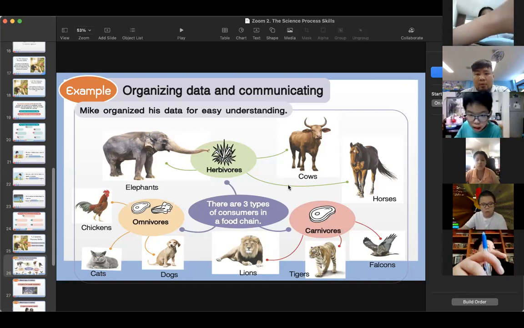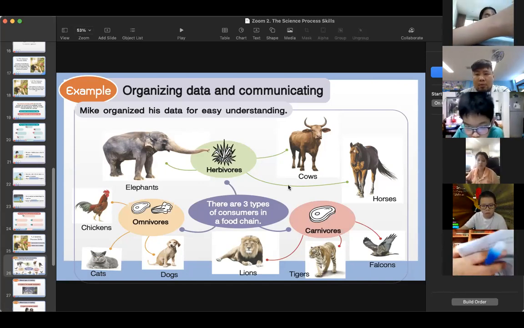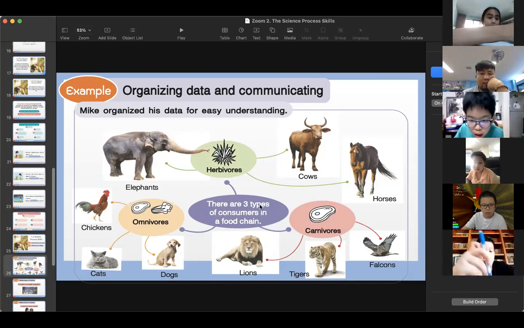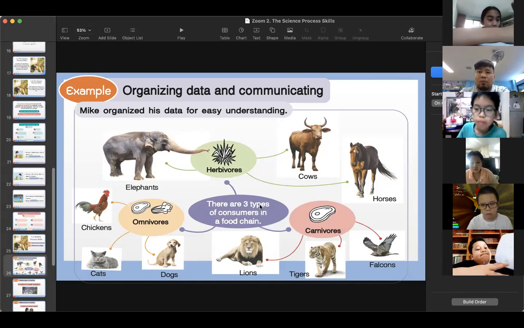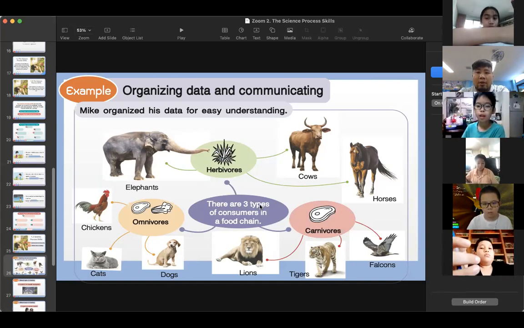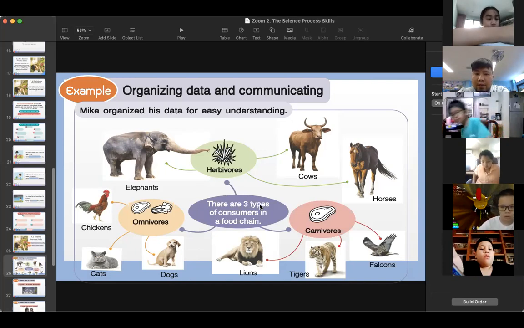The next page in the worksheets. You have this one in your worksheet. So I want you to change the animals. They should not be the same.